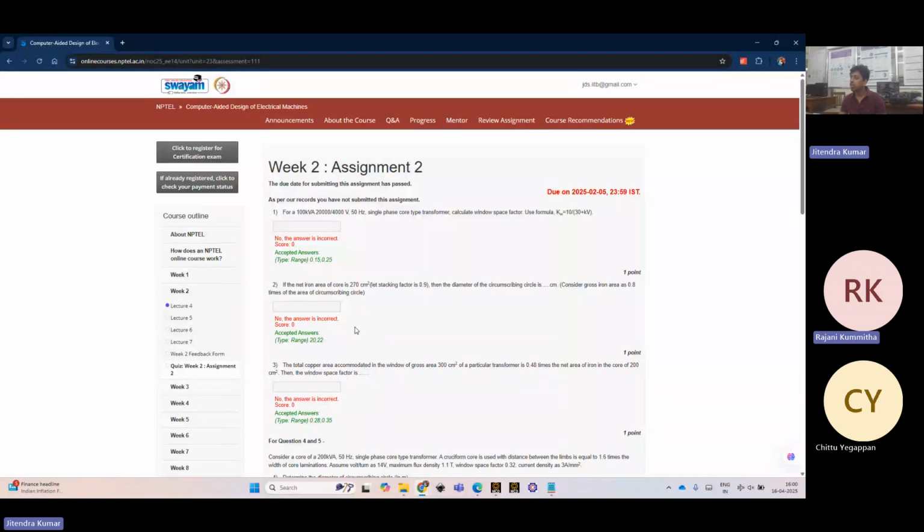Stacking factor, then the diameter of the circumscribing circle. So is this answer wrong? No, the answer is not wrong, actually. The answer is correct. I just want to know the procedure. A little confusion is there. Okay, sure, no issue.